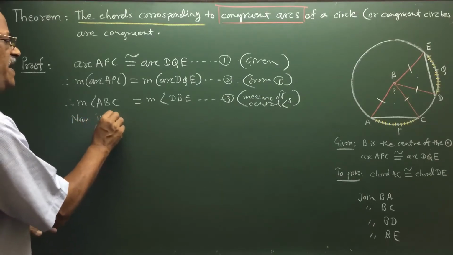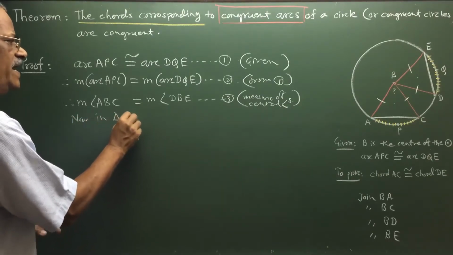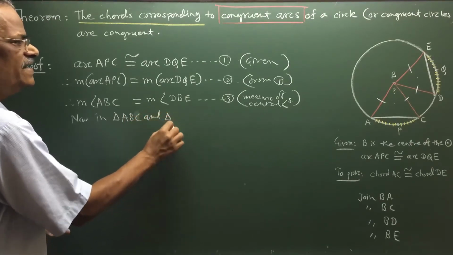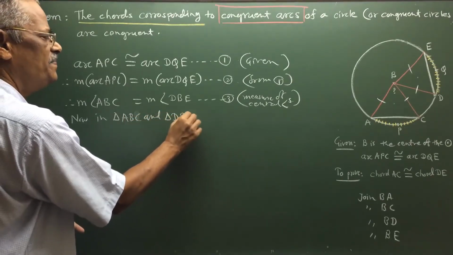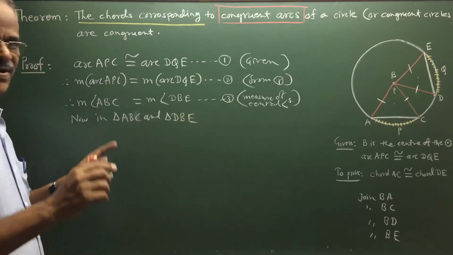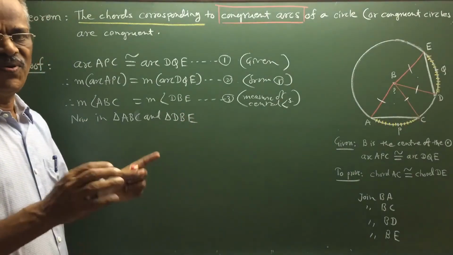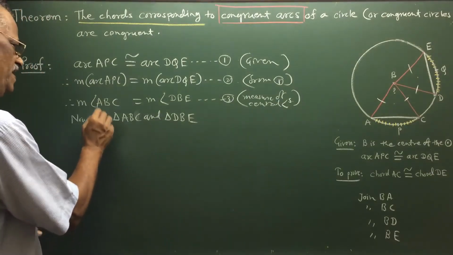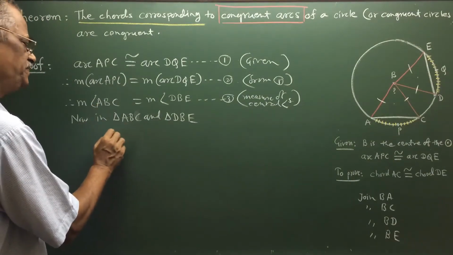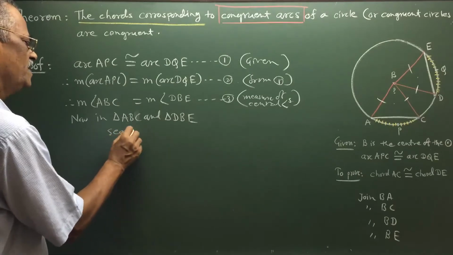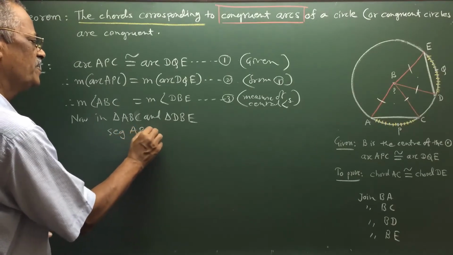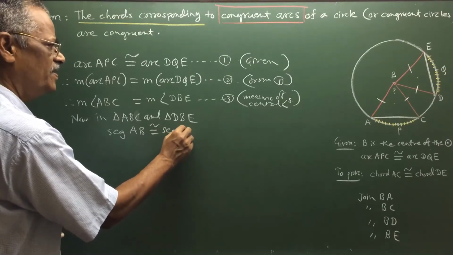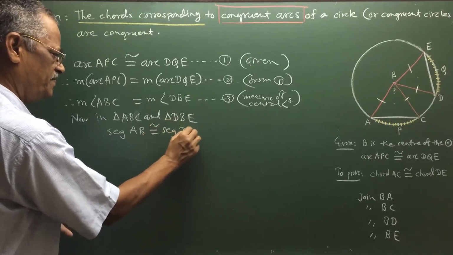Now in triangle ABC and triangle DBE, write down all known congruent elements. Side AB is congruent with segment DB.